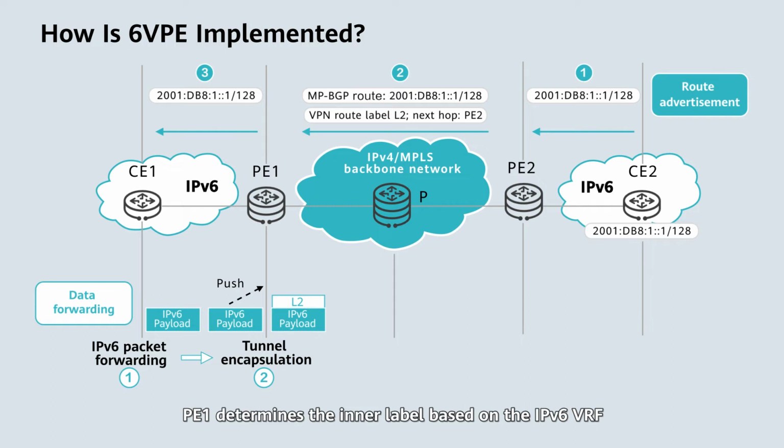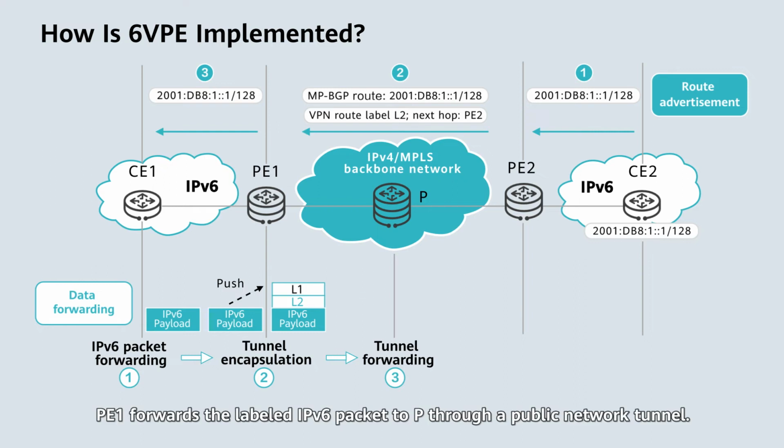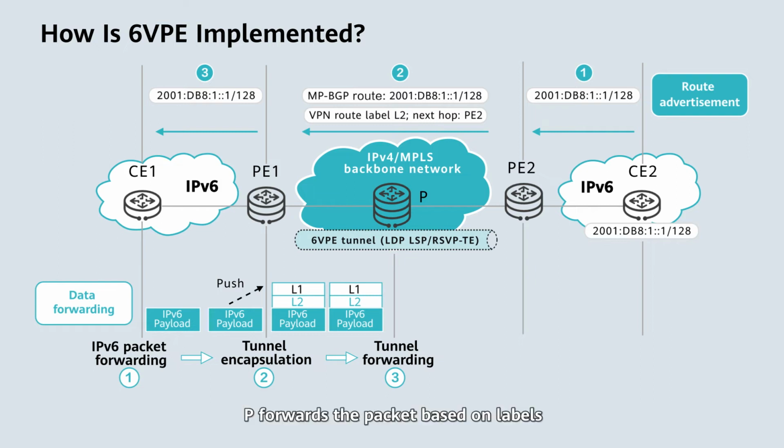PE1 determines the inner label based on the IPv6 VRF and the public tunnel label based on IPv4 address information. Step 3. PE1 forwards the labeled IPv6 packet to P through a public network tunnel. P forwards the packet based on labels and is unaware of the inner IPv6 payload.